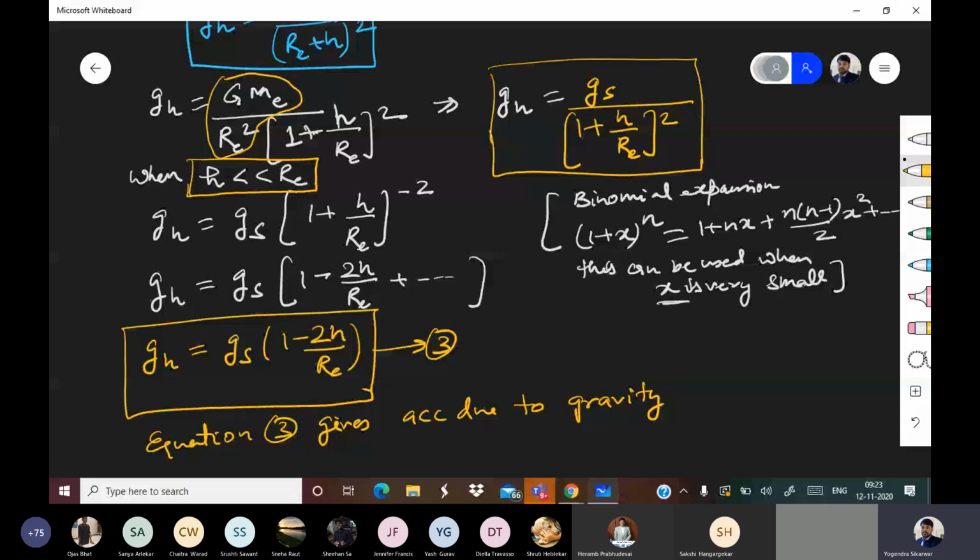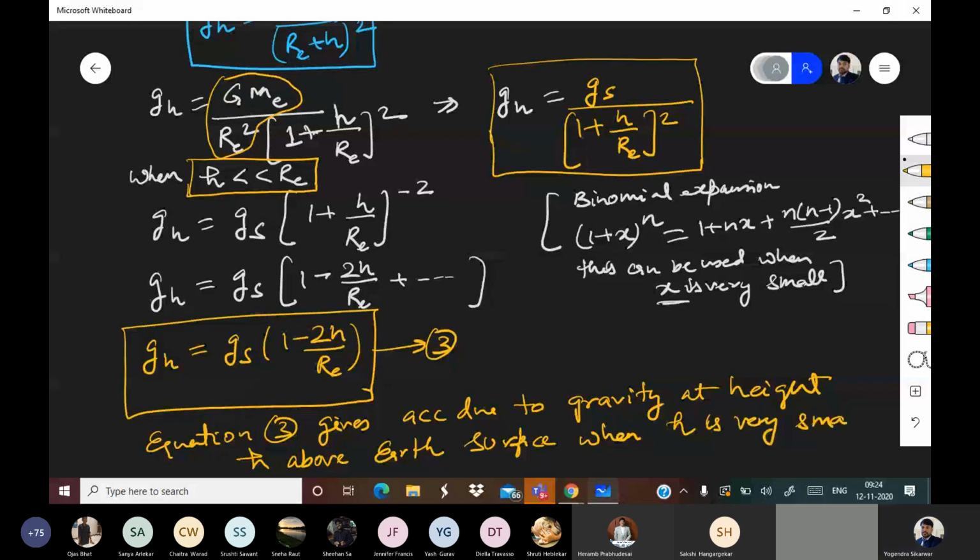Equation 3 gives acceleration due to gravity at height h above Earth's surface when h is very small. When h is very small.